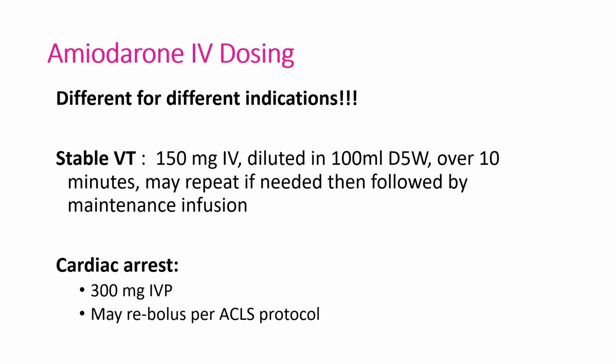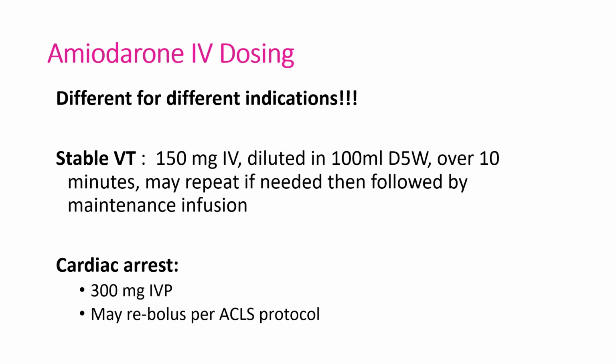The dosing of amiodarone is different for different indications. If you have a stable ventricular tachycardia, you would give 150 milligrams IV, diluted in 100 milliliters of D5W over 10 minutes. You may repeat it if needed, and then follow with a maintenance infusion.